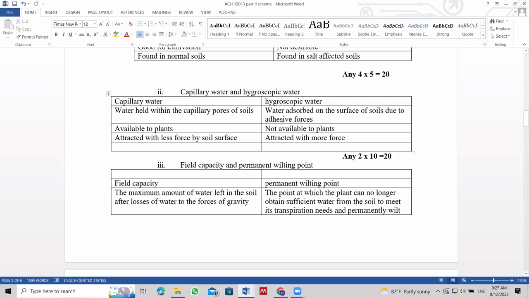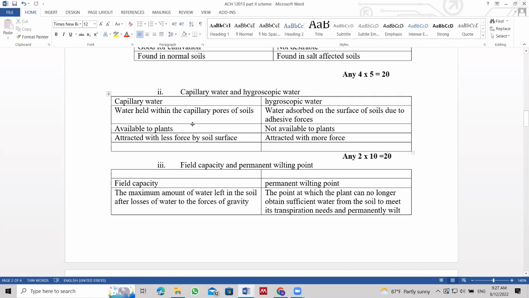Then gravitational water and hygroscopic water. So first you have to define them. Gravitational water is water held within the large pores of the soil, and hygroscopic water is water absorbed on the surface of soil due to adhesive forces. So first, if you just tell the definition, that will be a differentiation.